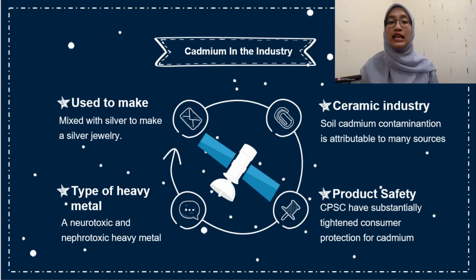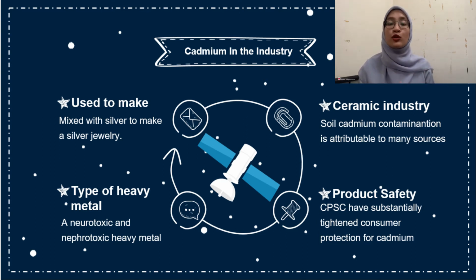Okay, so next we will go through usage of cadmium in the industry. In countries such as India, the silver jewelry industry is an important cottage industry. Silver is mixed with cadmium used to make silver jewelry.